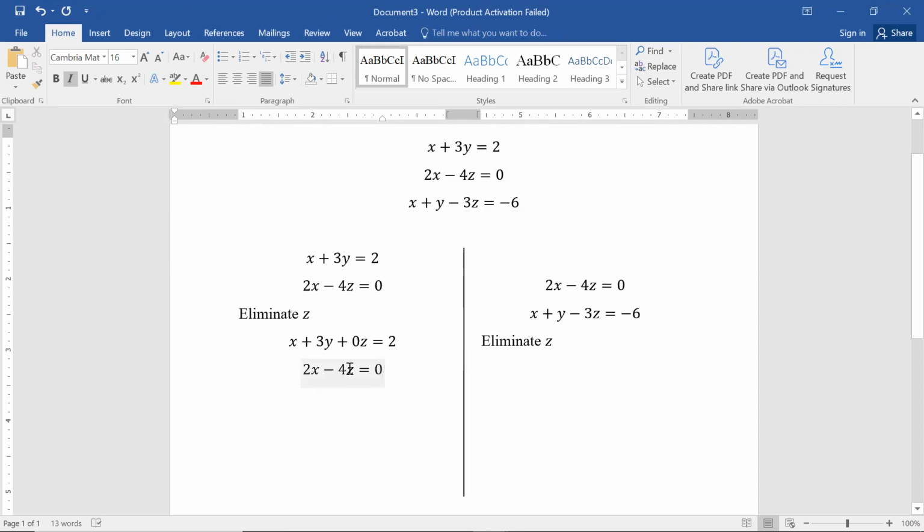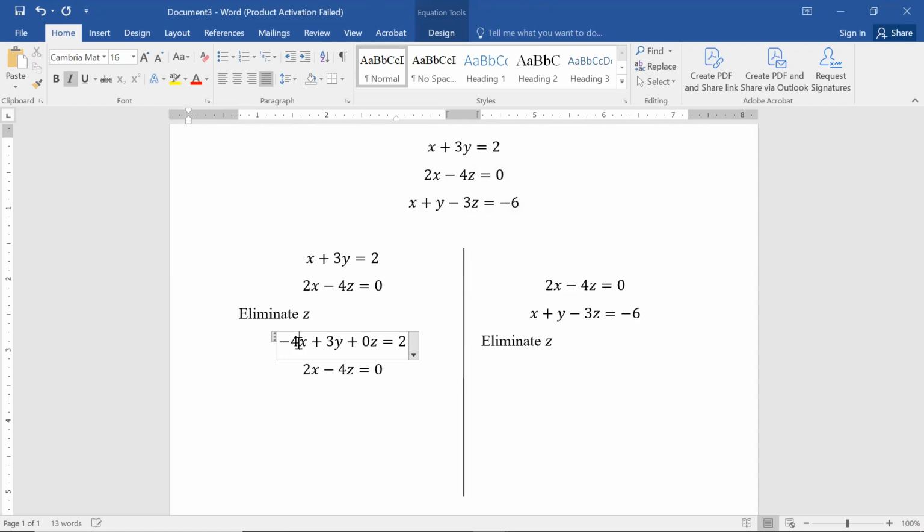Now, the key part here is that when I do the trick of elimination, where I take the coefficient of one of my z's and I place it out in front of the other equation, I'm going to necessarily put a 0 in front of that second equation.